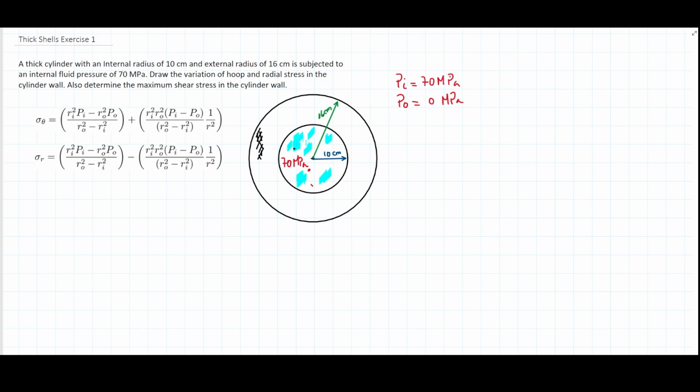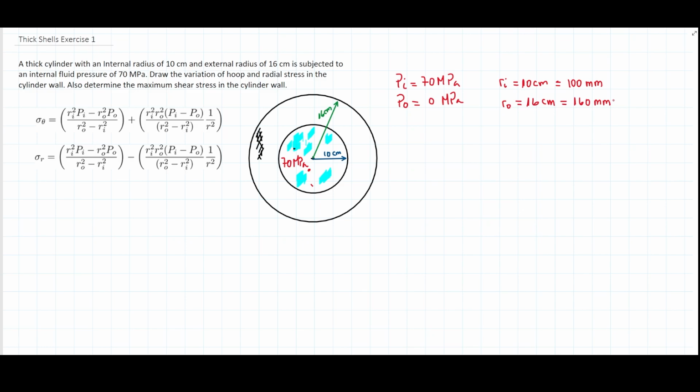Then we have RI, internal radius, 10 centimeters. But we're working with megapascals, which is newtons per square millimeter, so we need to work here with 100 millimeters. And the other radius is 16 centimeters, equivalent to 160 millimeters.